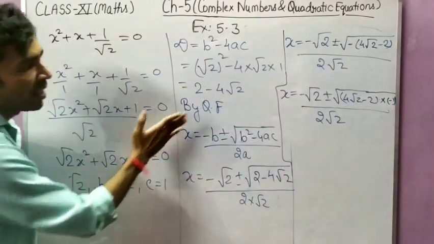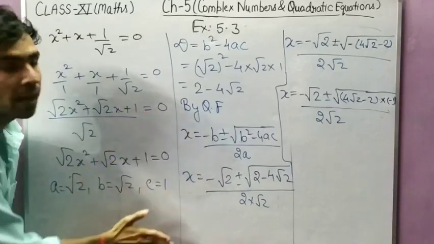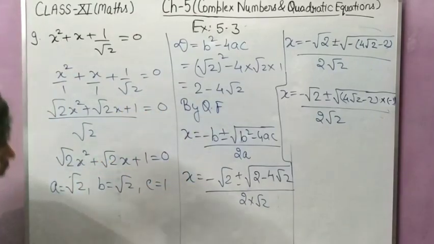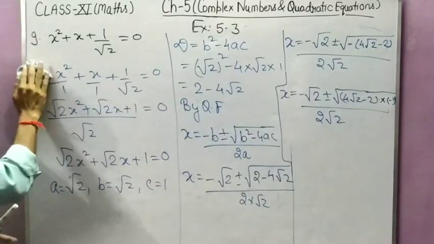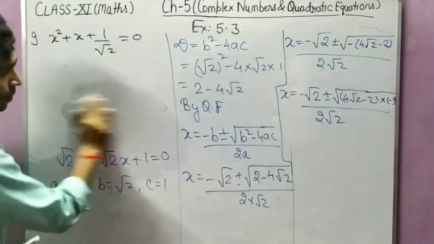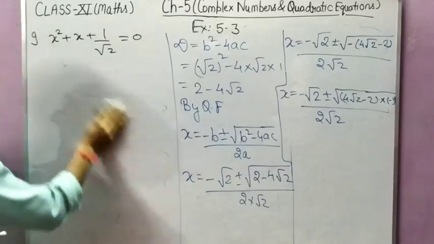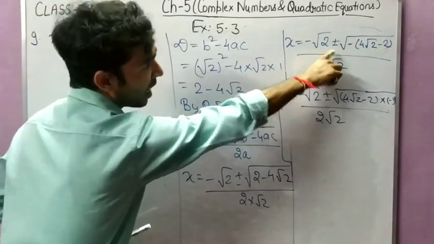Student, I am going to erase this part, okay, because I hope it is not clear to you. So I am going to erase this part only, because it is very simple. So after this line I am writing here.